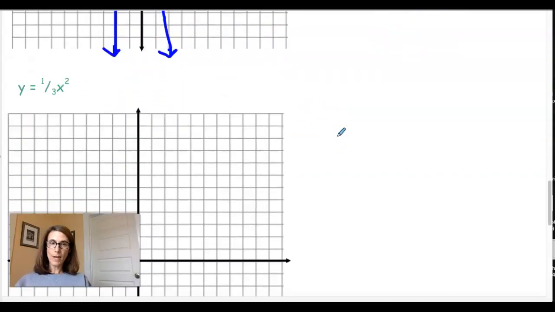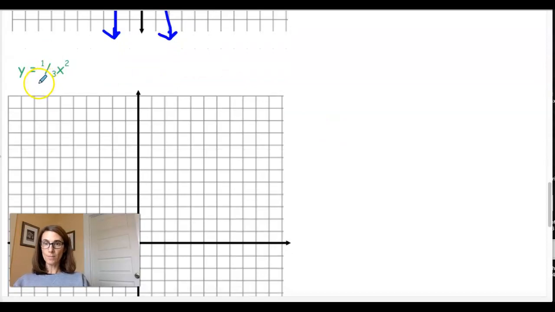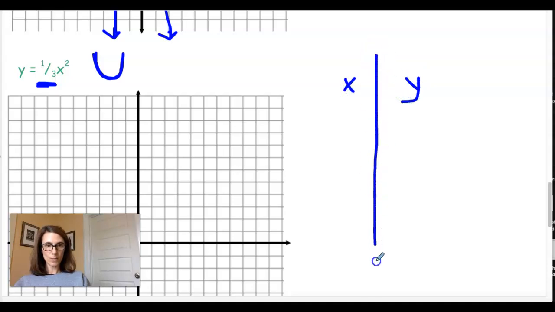All right, so let's see what happens when we add a fraction. So this time our a value is 1/3, and it's a positive number, so we're going to have that U shape that opens up. And again, we're going to do our x and y values. The math will be a little trickier because we're working with fractions this time, but it shouldn't be too hard.